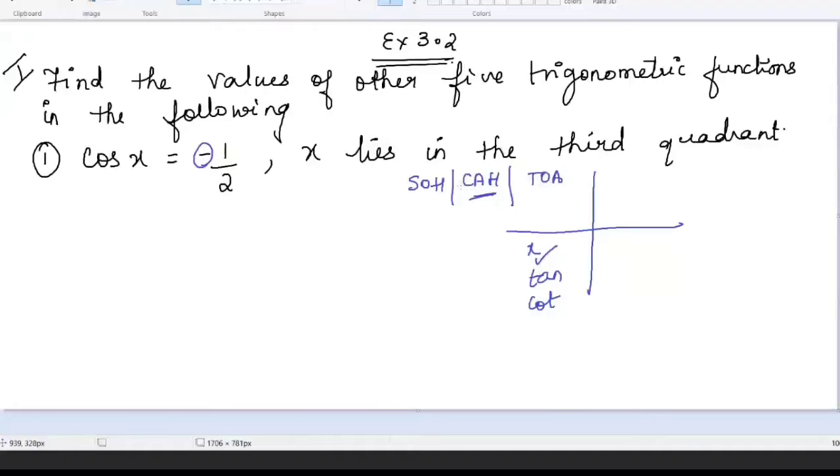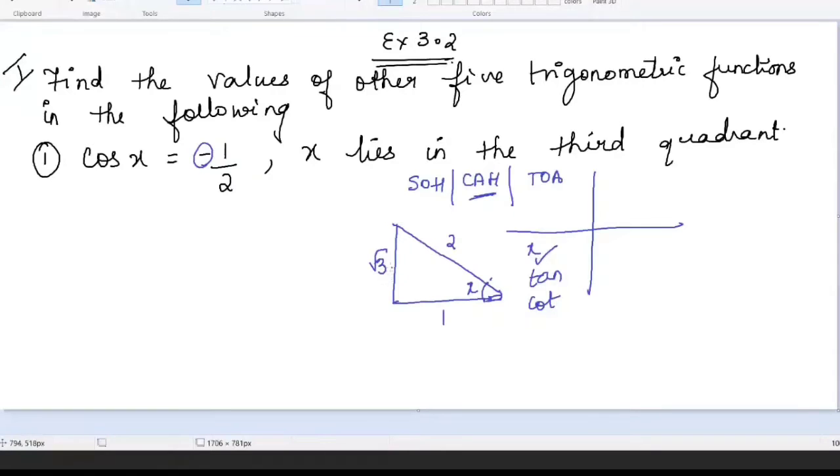That should be your first step, because the trigonometric ratios can be identified from the right angled triangle only. Suppose this angle is x. Cos is telling us adjacent by hypotenuse. So this is 1 and this is 2. So what should be this one? It is 4 minus 1, 3, and the root of that. So this is equal to root 3.